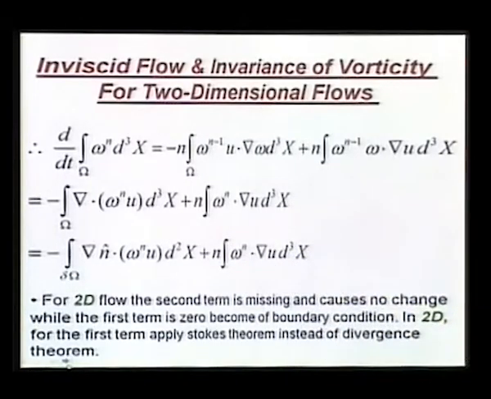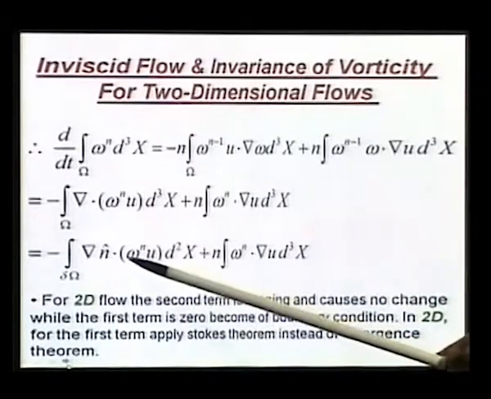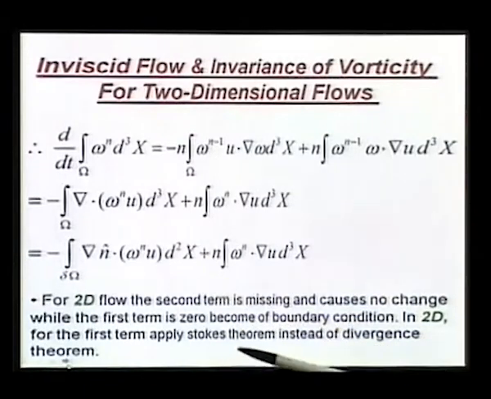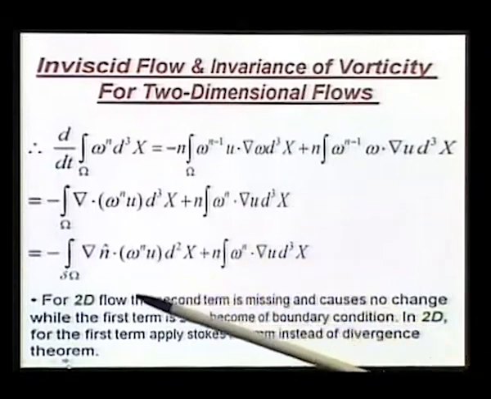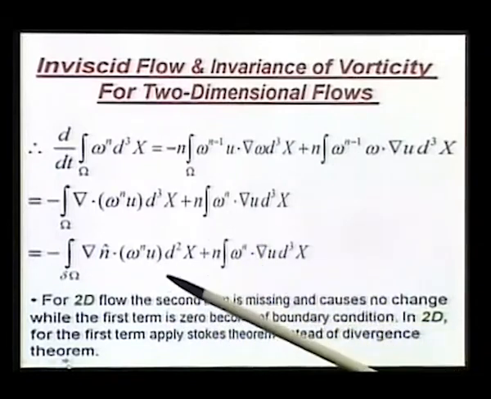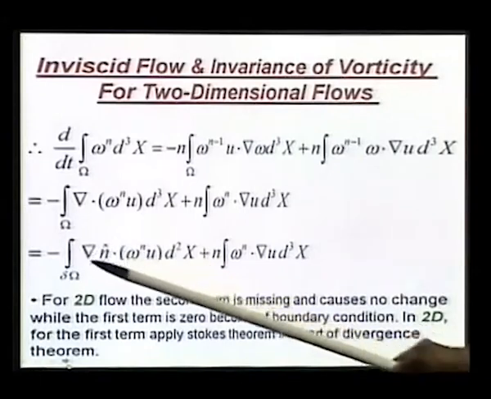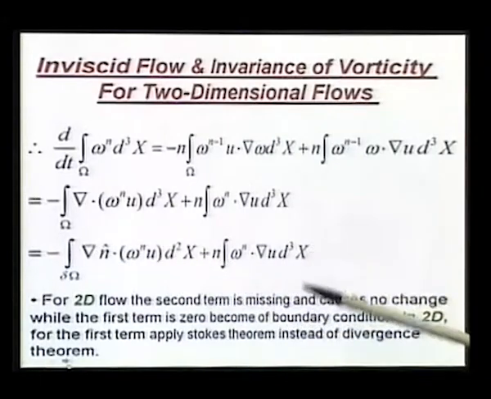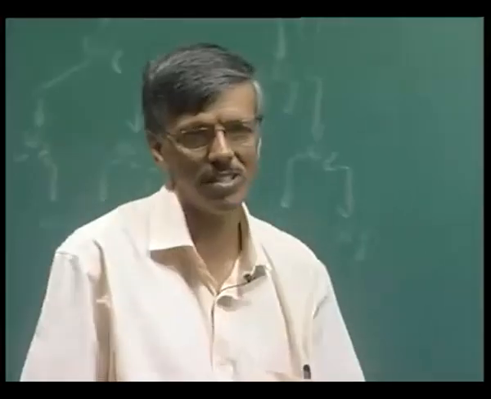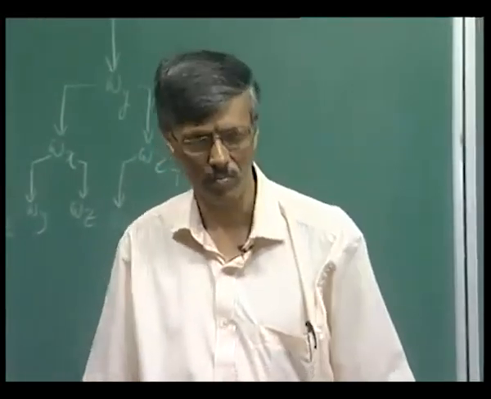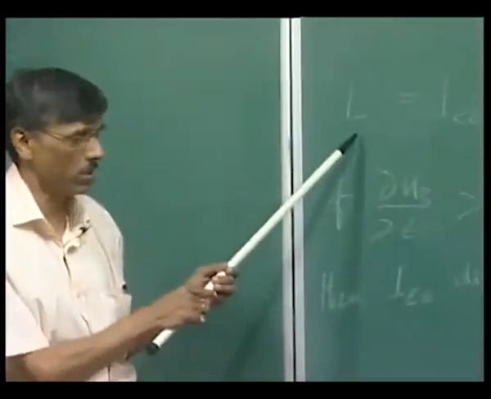So, we know that the first term is 0 if we consider the boundary condition. At the far field boundary, the vorticity itself is 0. At the solid boundary, the no slip condition will ensure u is 0. So, for 2D flows you find that any order moment that you look at for vorticity does not change with time, right.